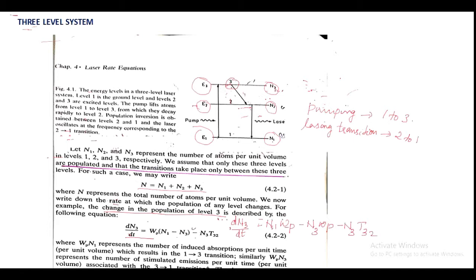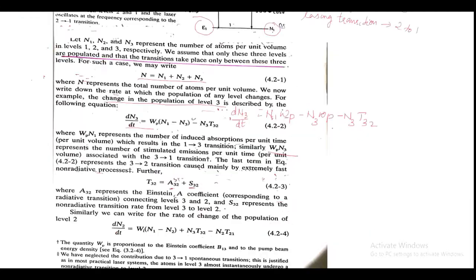Here, N1 Wp represents the number of induced absorptions per unit time per unit volume, which results in the 1 to 3 transition.